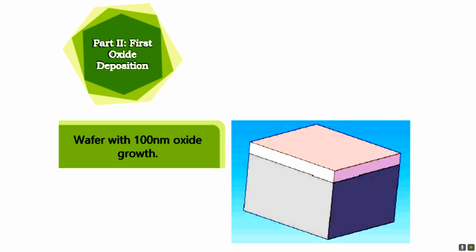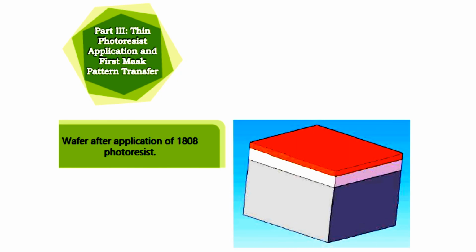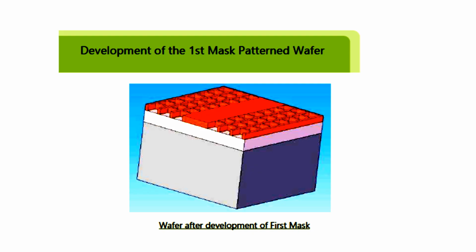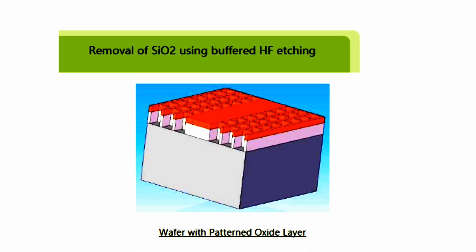So that is first oxide deposition, wafer after application of photoresist, thin photoresist application and first mask pattern transfer, wafer after development of first mask. So it shows the development of the first mask patterned wafer, wafer with the patterned oxide layer. So that is removal of SiO2 using buffered hydrofluoric acid etching.